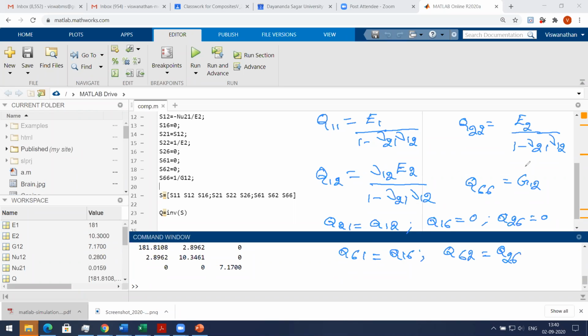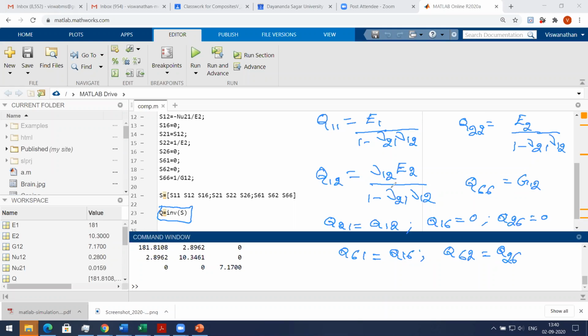Instead of taking the inverse of this compliance matrix, this is easy to do in MATLAB. Just type the inverse of the compliance matrix, and you get the reduced stiffness matrix. But if you have to take the inverse with pen and paper, then this is easier. Use this for the pen and paper work.